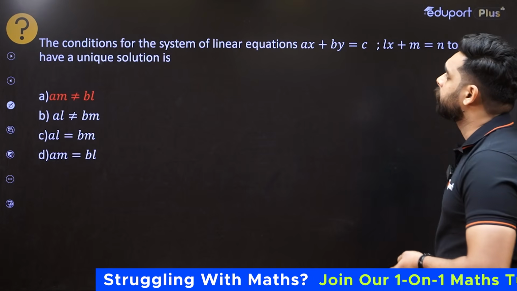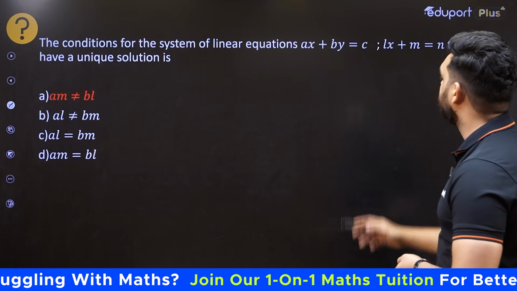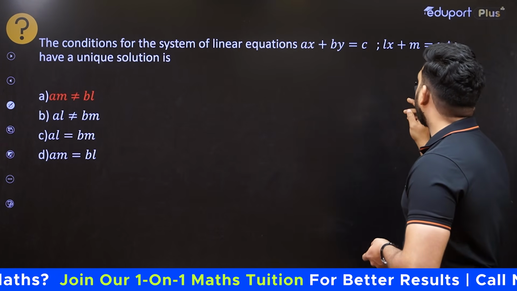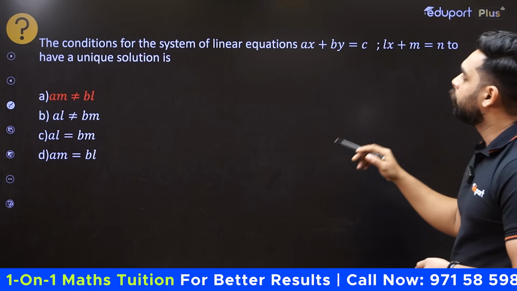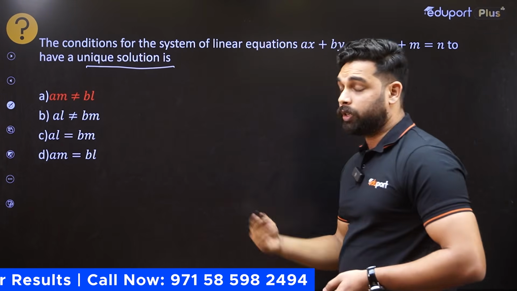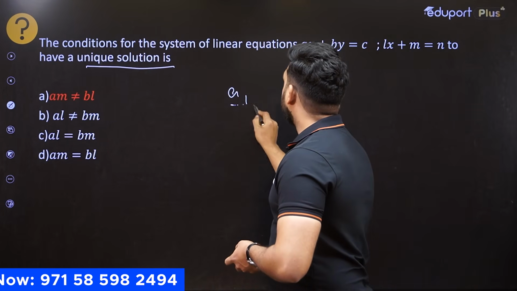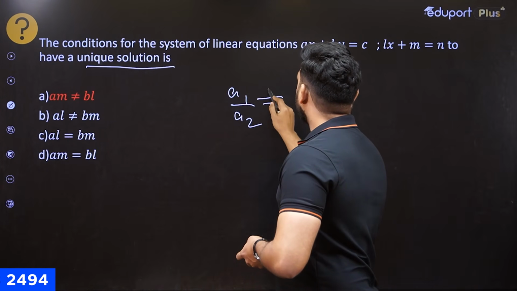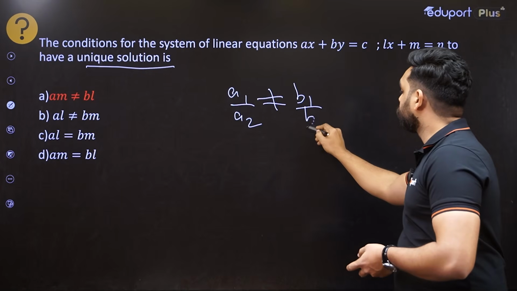Okay, next one, the condition for the system of linear equations ax plus by is equal to c and lx plus my is equal to n to have a unique solution. So what is the condition for a unique solution? A1 by A2 not equal to B1 by B2.